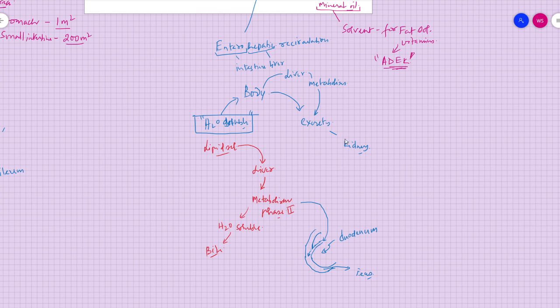But what happens is, the drug which gets conjugated, usually it is conjugated to glucuronide. So the glucuronide conjugated drug reaches the intestine, and in the intestine there is bacteria.